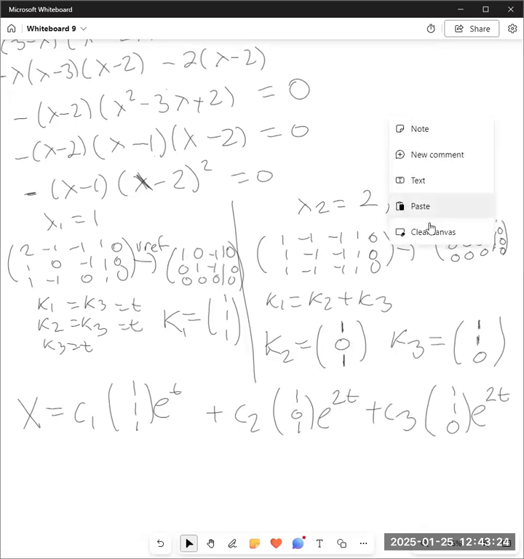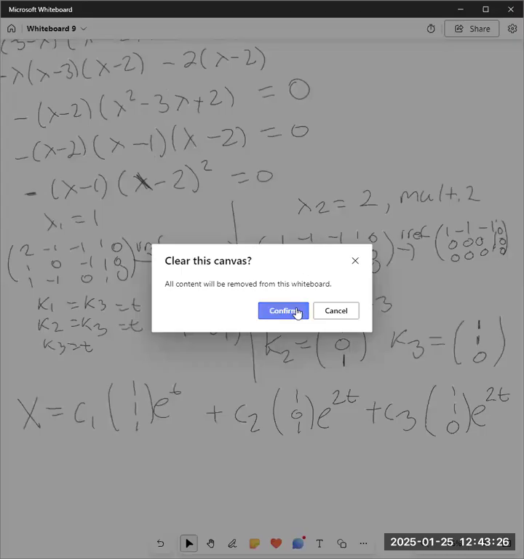Let's again look at number 27 now, which says x prime is equal to the matrix 5, -4, 0, 1, 0, 2, 0, 2, 5, times x.